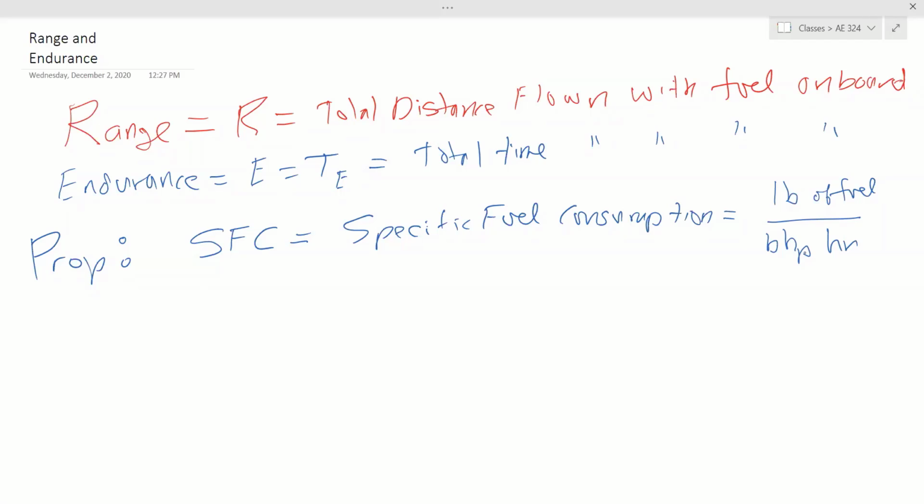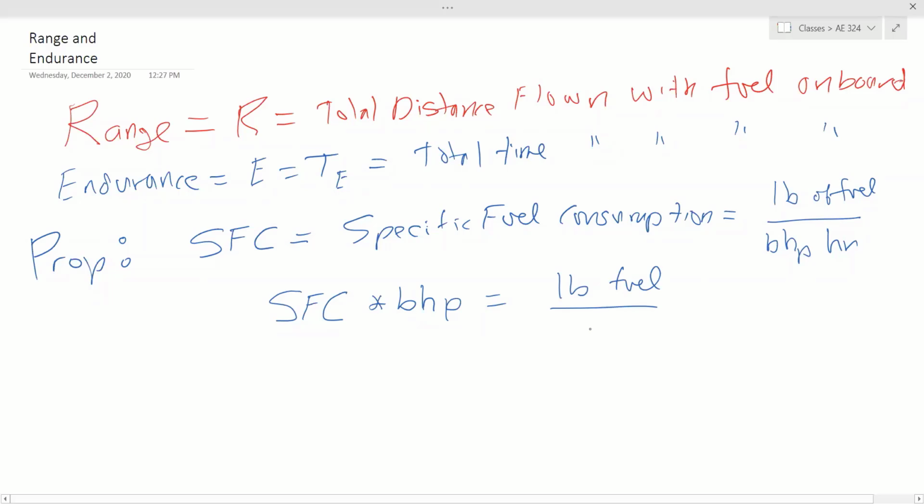And so the key feature is that if you take the specific fuel consumption and multiply it by brake horsepower, because power required for flight is something we already know how to calculate. So we multiply fuel consumption by the needed power, and we get pounds of fuel per hour.